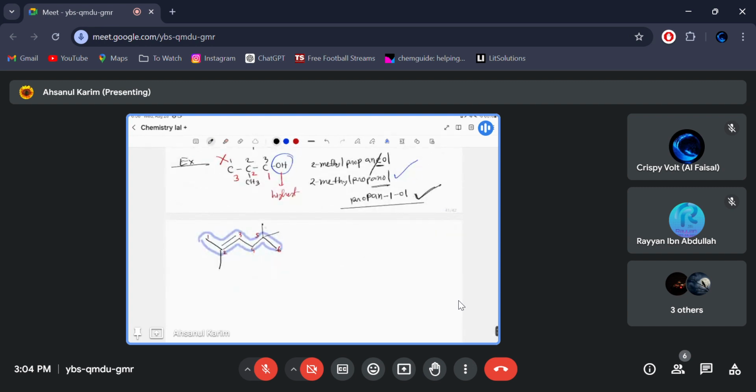I have one methyl group here, one methyl group here and one methyl group here, so 2 comma 5 comma 5. At 5 you have 2 methyl groups, so the name will be trimethyl, correct? Now what will be the suffix? Hex 2 ene, so 2 ene. So 2 comma 5 comma 5 trimethyl hex 2 ene. Any confusion? No, sir.